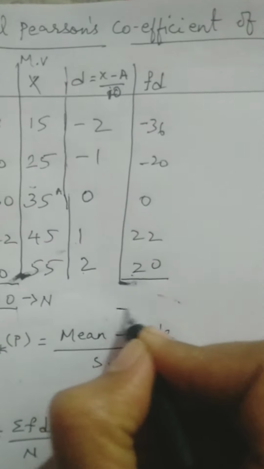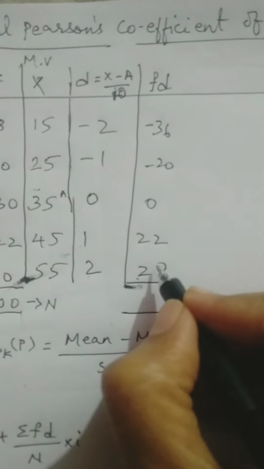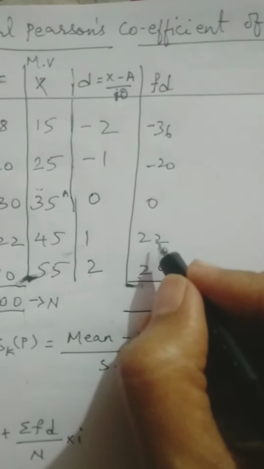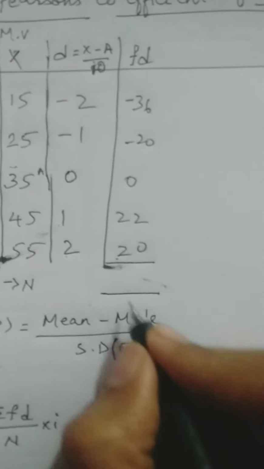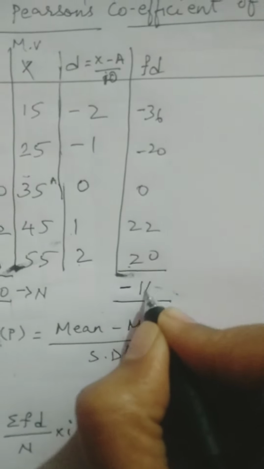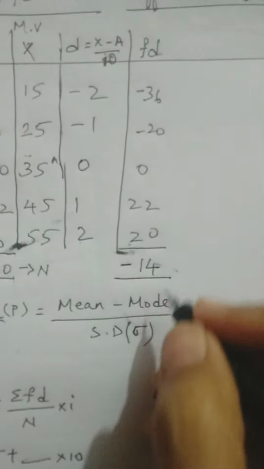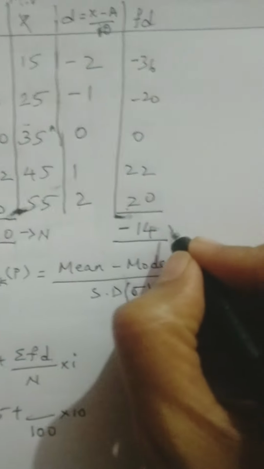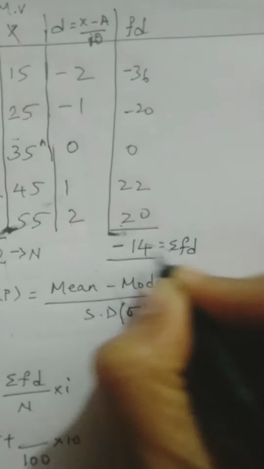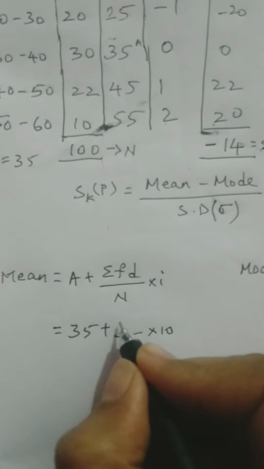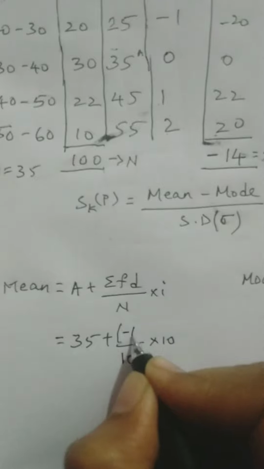Then students, if I add this, 20 plus 22 is 42... that is, 20 plus 22 is 44. 44 minus 20 minus 36 is minus 14. So summation of fd is minus 14. I will put it in brackets, minus 14.